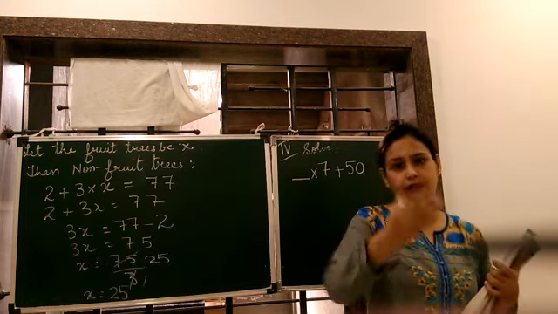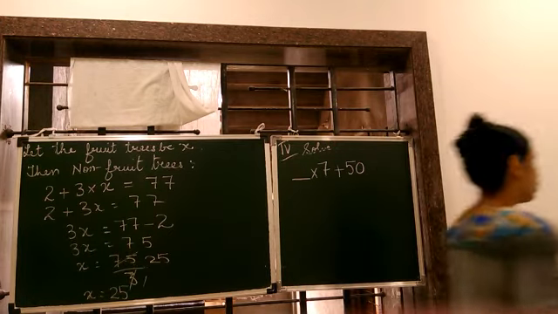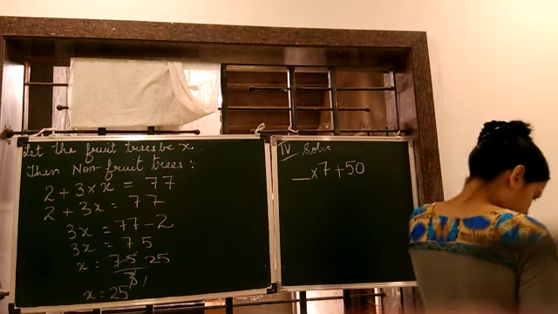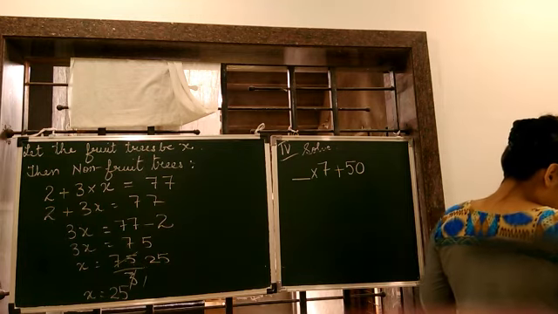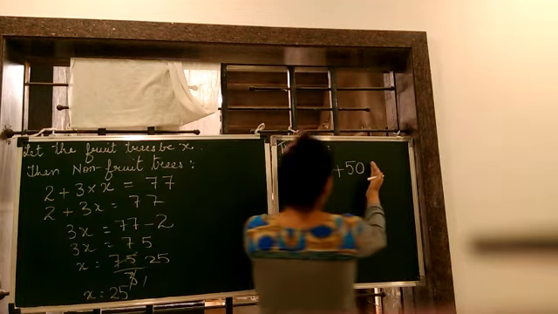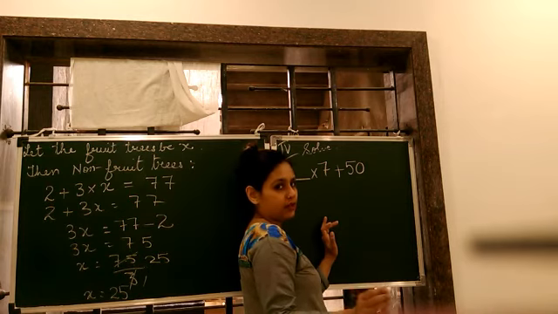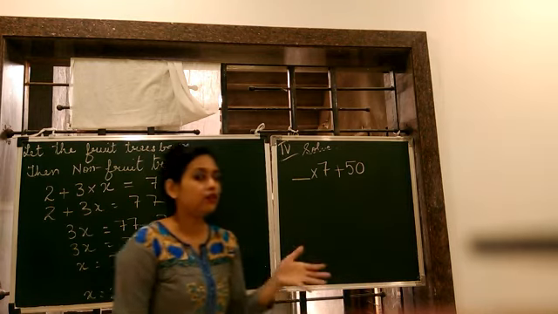Triple century means 3 hundreds, that is 300. So to reach the triple century, you need 40. Means if you add 40 to this, it becomes triple century.